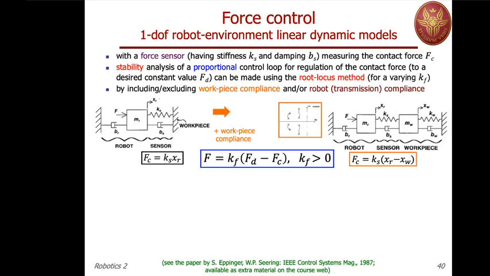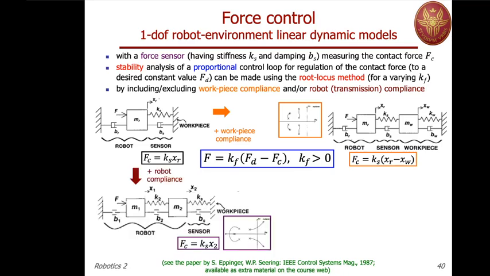So the authors propose another type of model. Suppose that the workpiece is still rigid, so the sensor is measuring just the compression between the tip mass and the workpiece, so the position x2, but you have some compliance in the transmission. So you have split the robot mass MR into masses M1 and M2.